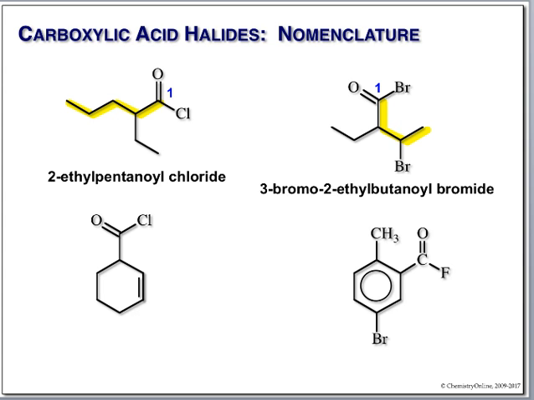But the acyl group takes priority, so it must be carbon number 1. That means that we have a 2-cyclohexene. This is going to be a substituent on the cyclohexene, so it's going to be a 2-cyclohexene carbonyl chloride.